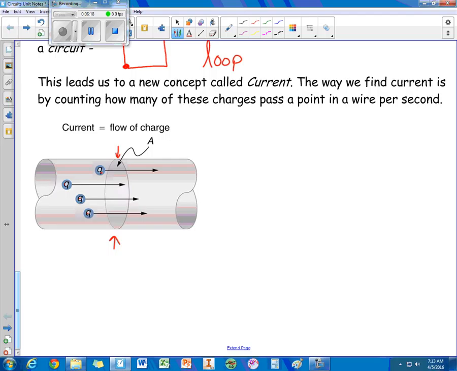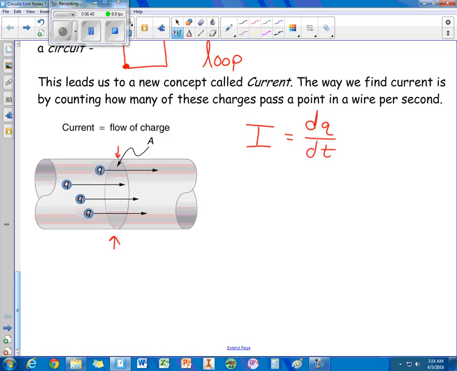So the way we calculate current, we use a capital I. We use a capital I because when scientists were first studying current, they were looking at the intensity of the electricity. So I for intensity. And this equals dQ/dt.